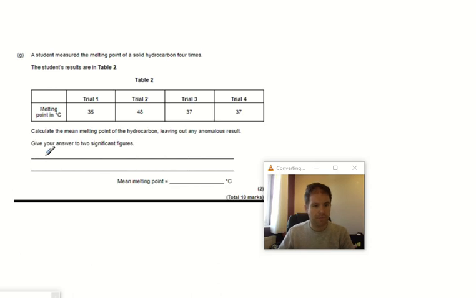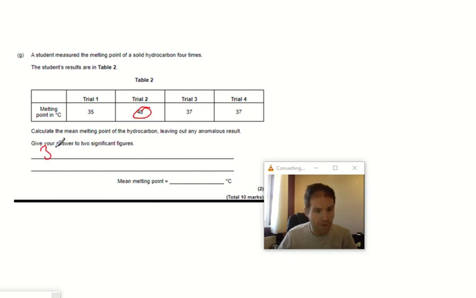A student measured the melting point of a solid hydrocarbon 4 times: 1, 2, 3, 4. Calculate the mean of the hydrocarbon, leaving out any anomalous results. 37, 37, 35, 48. Leave out trial 2.